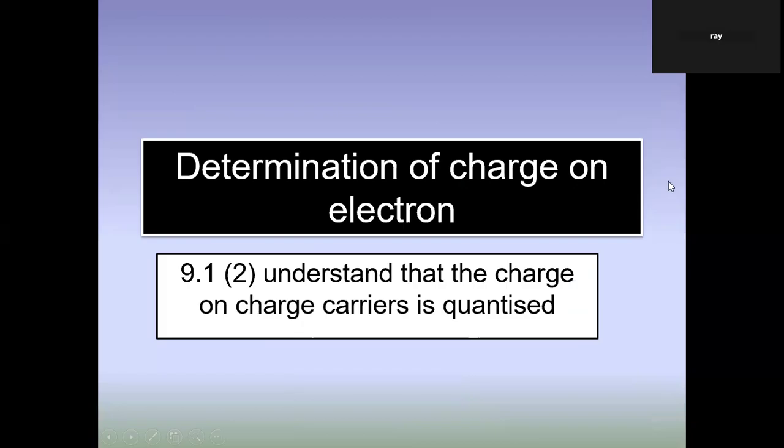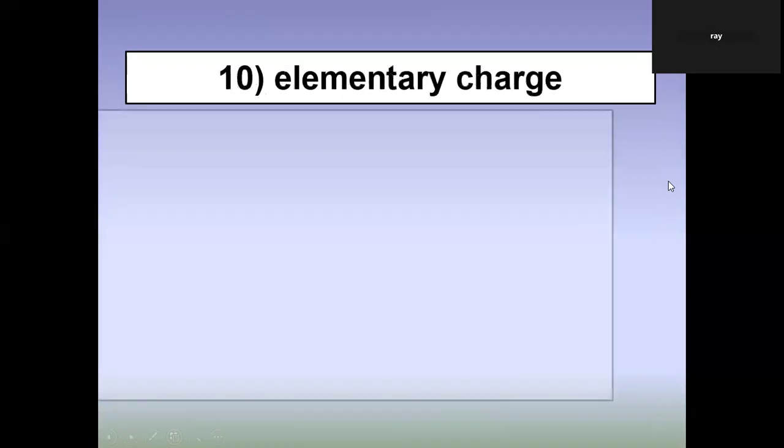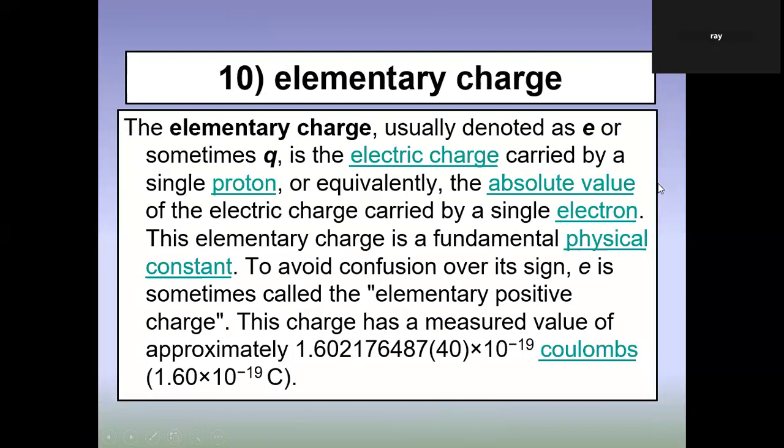Determination of charge on electron. I think I'll let you read yourself here. Elementary charge is usually denoted by e. It is the electric charge carried by a proton, a positive charge, or equivalently the absolute value of the electric charge carried by a single electron.